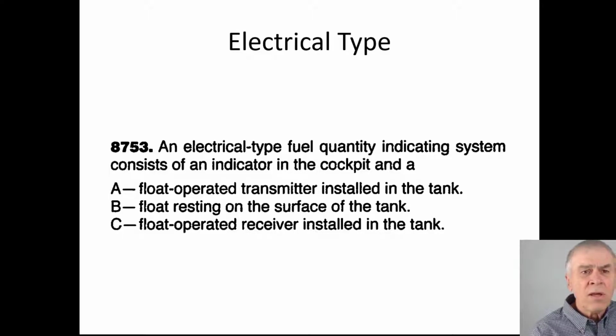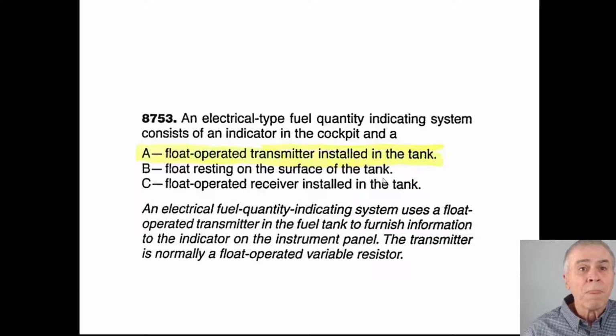Or C, float operated receiver installed in the tank. Okay, they're using the word receiver in the tank. The receiver would be in the cockpit, then the indicator, and the transmitter would be installed in the tank. So the only one that's true is A.